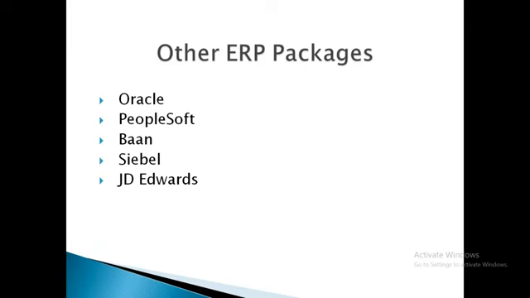Other ERP packages are not like that. They are specific to one department. They don't have a solution for the total organization. So that is one advantage with SAP. Only SAP has a solution for all the departments in an organization. And SAP is a tightly integrated product.